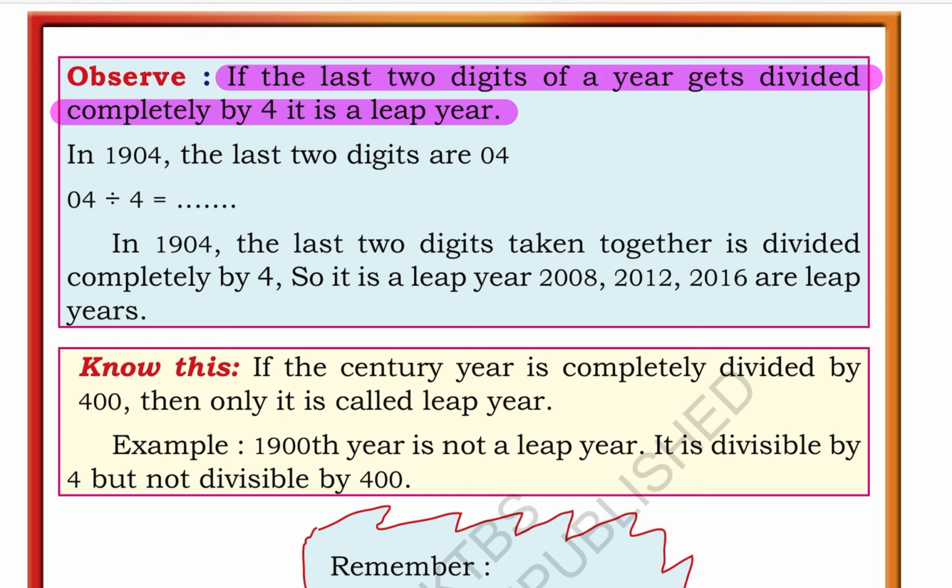In 1904, the last two digits taken together are divided completely by 4, so it is a leap year. 2008, 2012, 2016 are leap years. The remainder is 0.